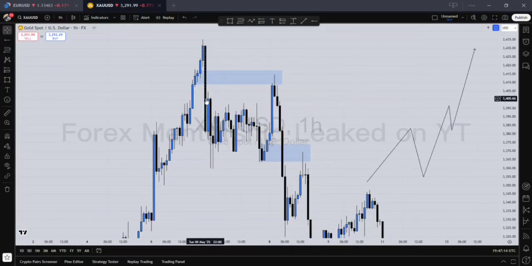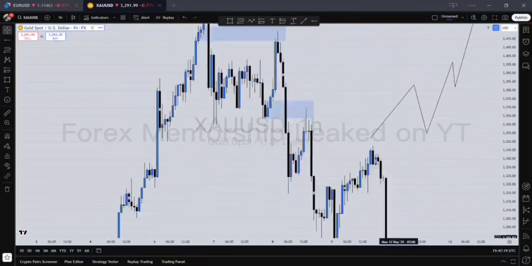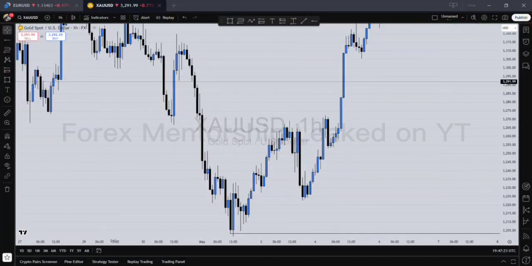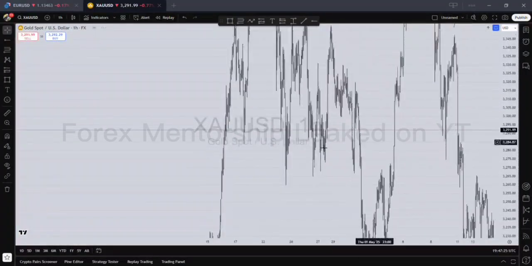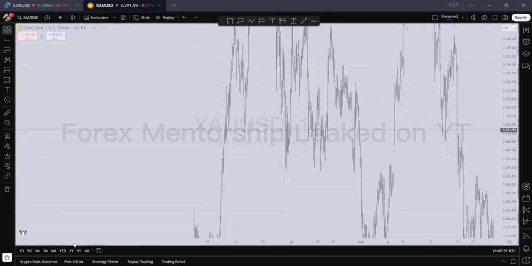But mitigation blocks, for sure, gold uses mitigation blocks a lot. You can see how gold used it here. Gold used it almost all the time for continuation, even in higher time frames like 4 hours. I think there was a time that gold used it for retracement.